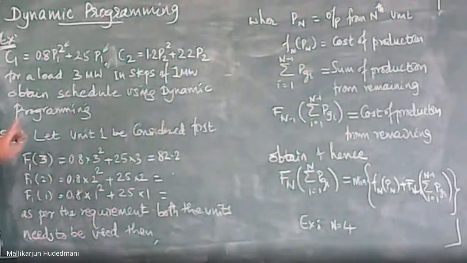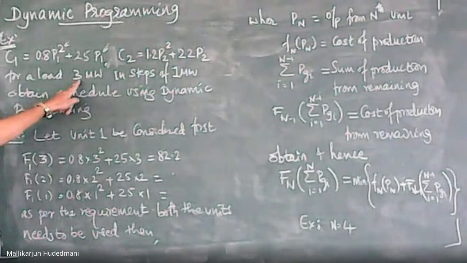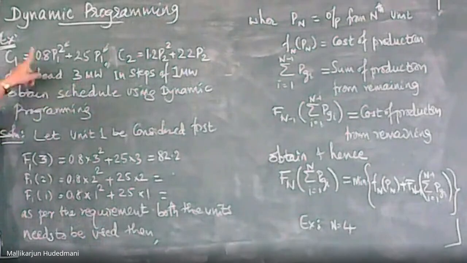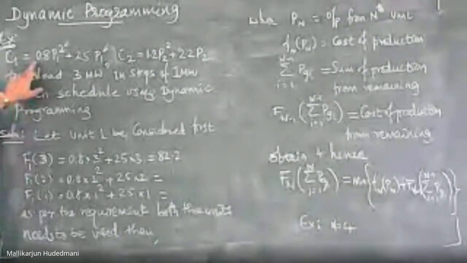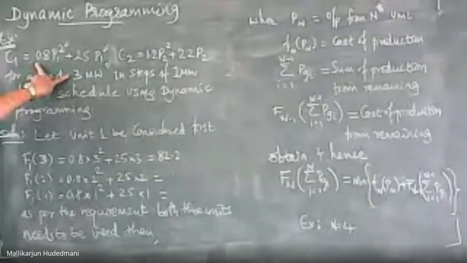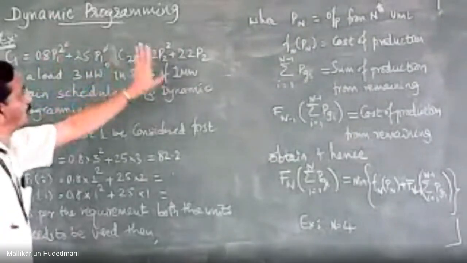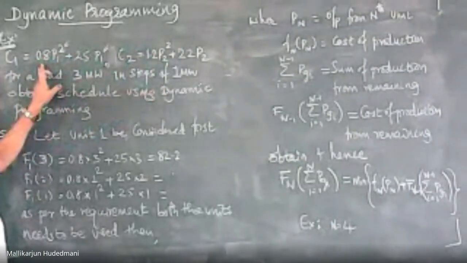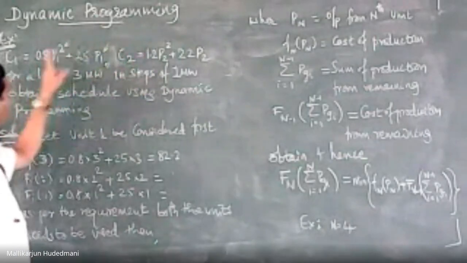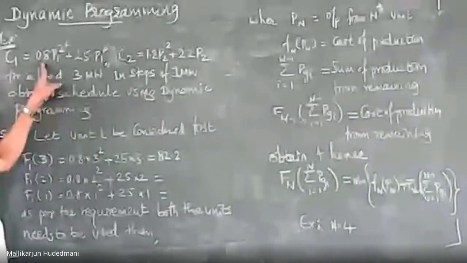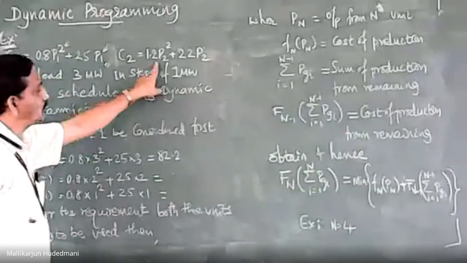How can I fulfill 3 megawatt from these two machines? Then I will know the combination. Let machine 1 deliver 3 megawatt, then machine 2 is 0 megawatt. Let machine 1 be 2 megawatt and machine 2 be 1 megawatt. Let machine 1 be 1 megawatt and machine 2 be 2 megawatt.